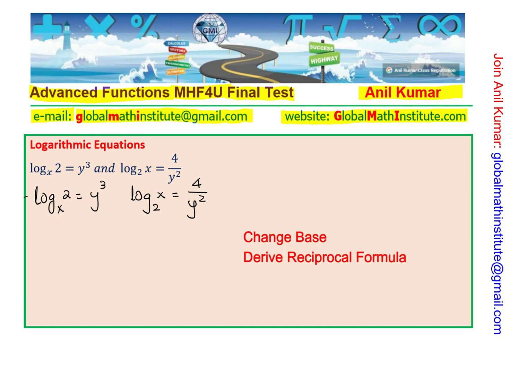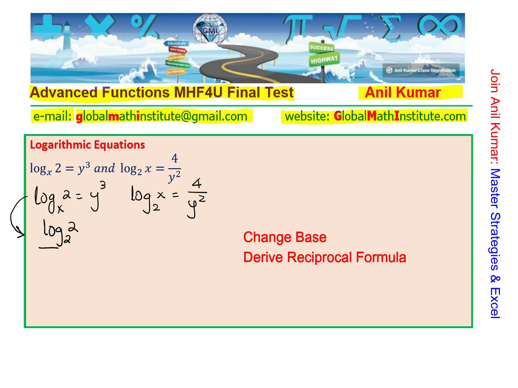We could write this equation, let's change the base to 2, as log to the base 2 of 2 over log to the base 2 of x is y cubed. And log to the base 2 of 2 is 1.